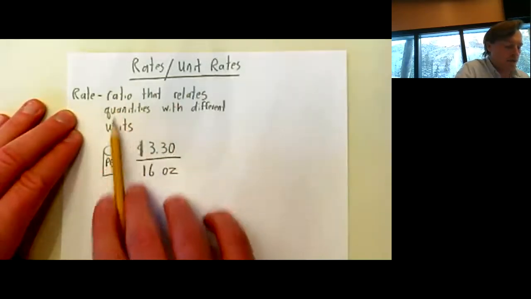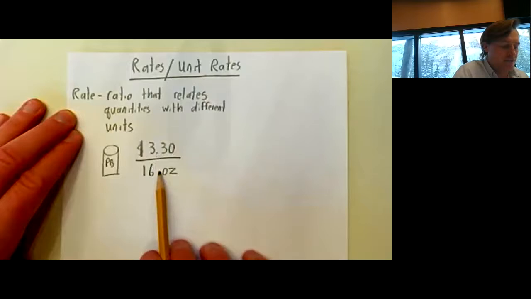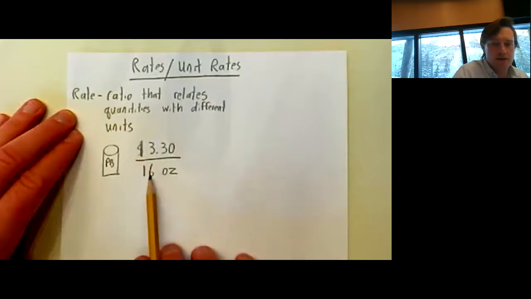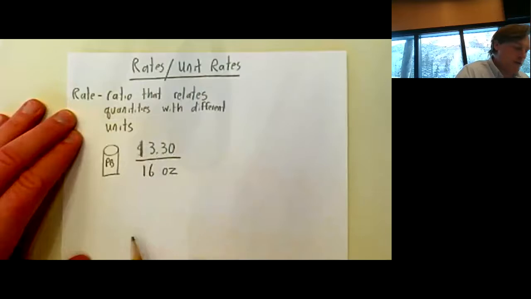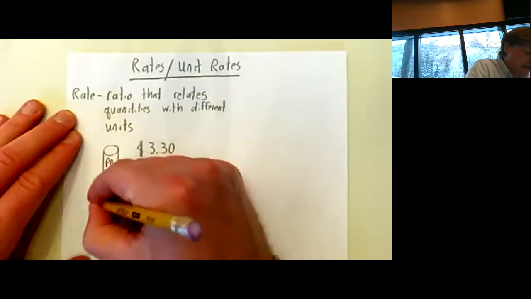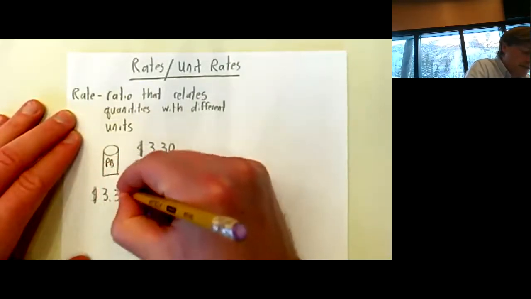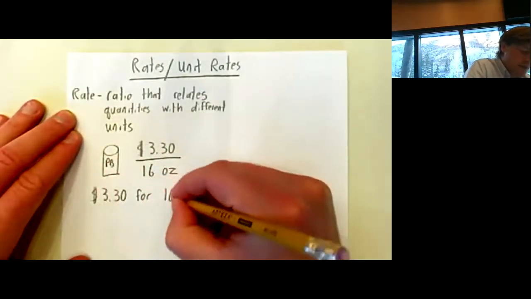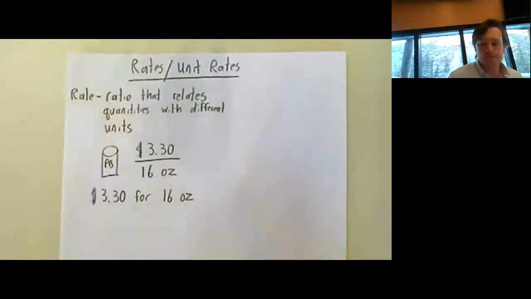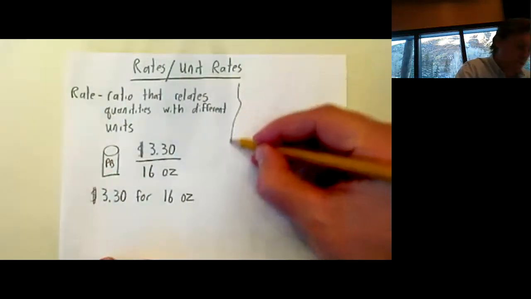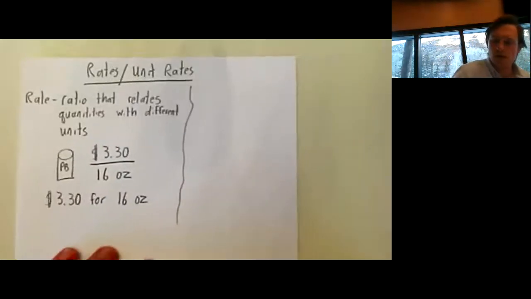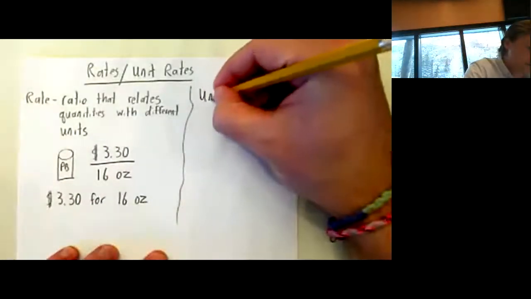And again, it's a ratio with units, and they've got different units here. Up here, I've got dollars. Down here, I've got ounces. So if I wanted to write that out, I could say that's $3.30 for 16 ounces. Cool. Let's split this down the middle. And now we're going to talk about unit rates.